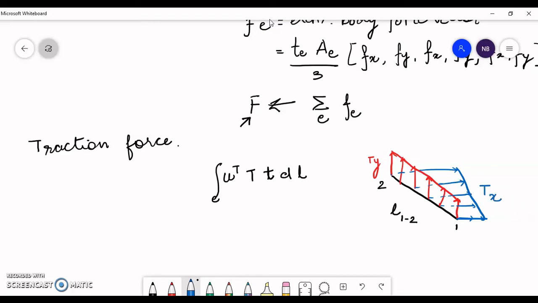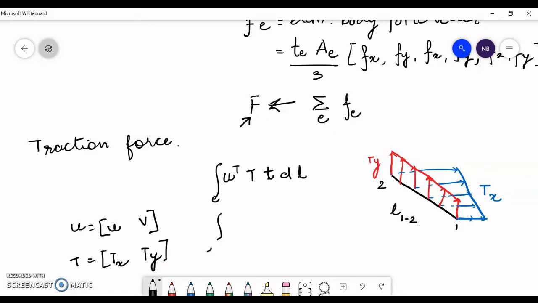Now we know that u is given by its components in x and y direction. Similarly, T also will have components in x and y direction.